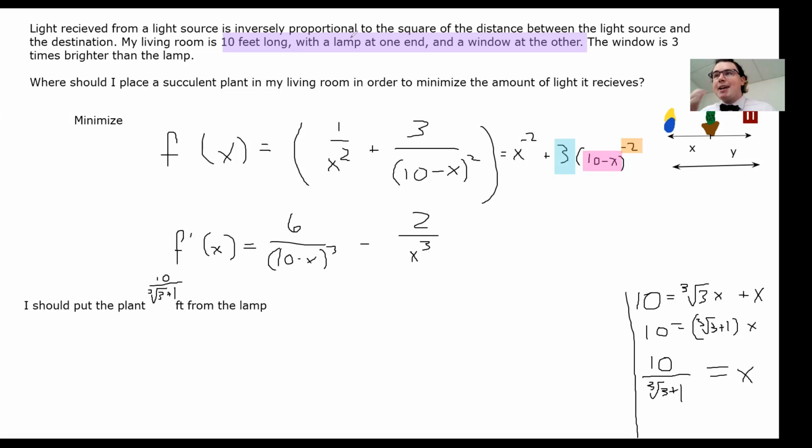Now, in terms of practical concerns, I don't have a ruler that measures in cube roots of a foot. So more practically, let's round. So by rounding, I want the plant approximately 4.095 feet from the lamp.